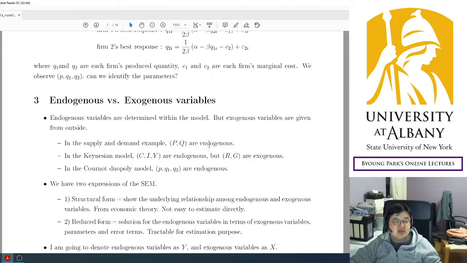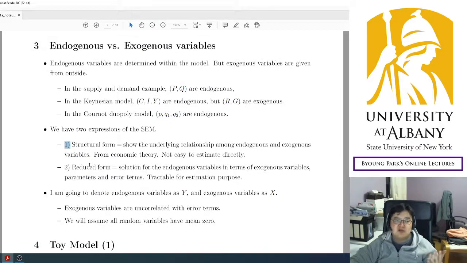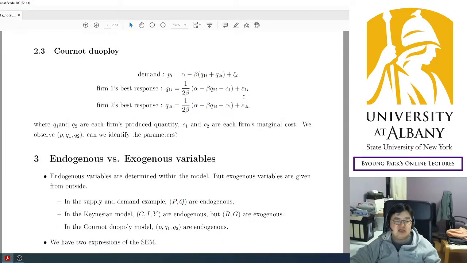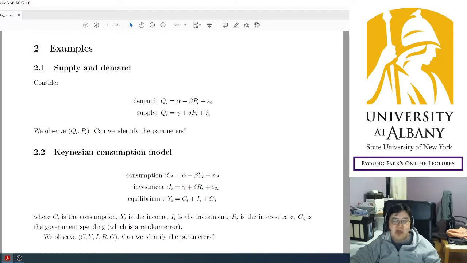Then we can think about two different ways to understand the simultaneous equations model. First, you can think about the structural form, which shows the underlying relationship among the endogenous and exogenous variables. It is closer to economic theory, like the examples, such as a game theory model, a micro model, or a macro model.